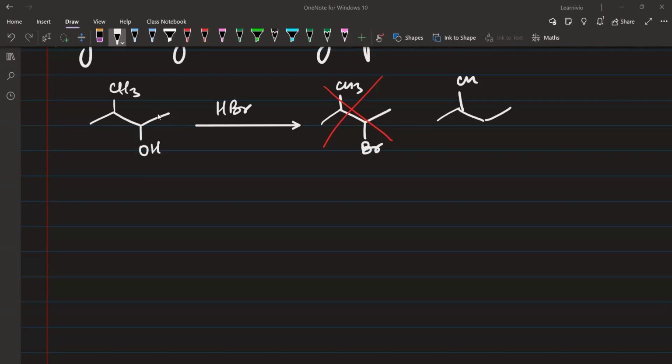So we have all the 4 carbon atoms. The CH3 group is here, okay? And the Br group attaches here. Now we need to understand what is the mechanism.